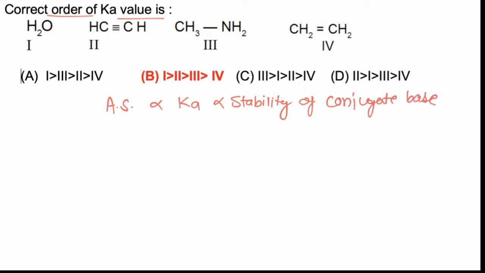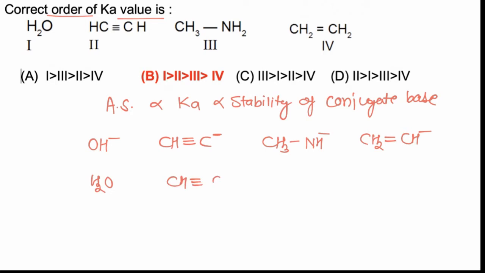Now H2O will form OH negative. In the second case, CH triple bond C negative, CH3 NH negative, and CH2 double bond CH negative. OH negative is formed from H2O, from acetylene, from amine, and from alkene.